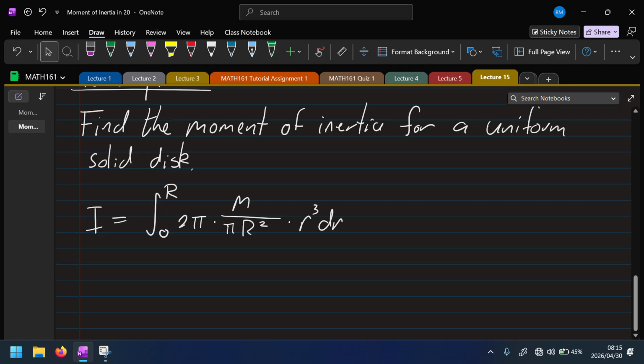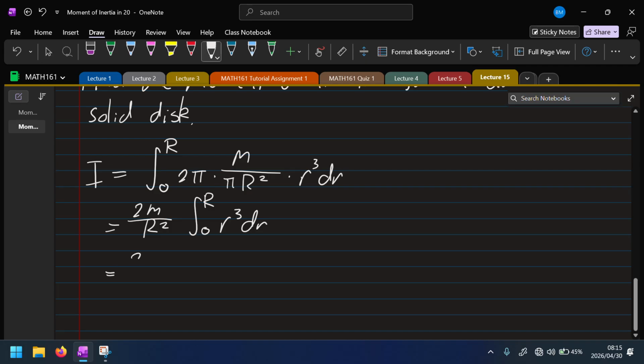All of that stuff in front there, that's a constant. We can take all of that out. So the powers will cancel. So we have 2m over R squared, times 1/4 R to the 4.